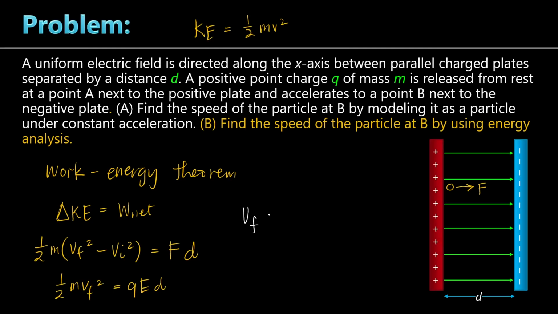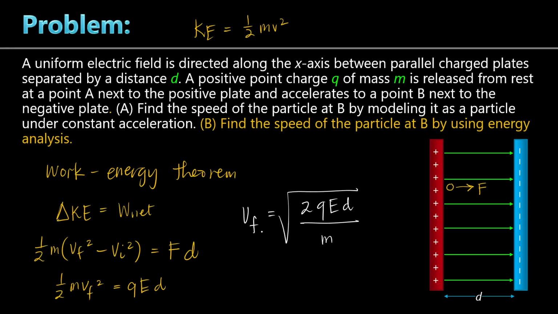The final velocity squared is 2qed over m. Naka-square yan, so kukunan ko lang ito ng square root. That's it. Ano napansin mo?